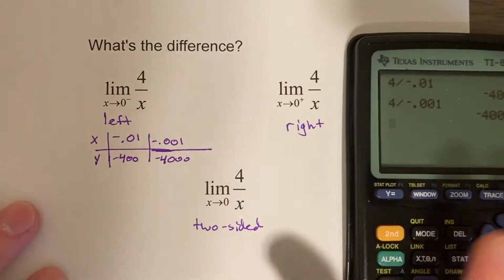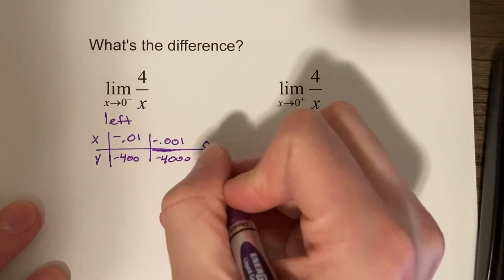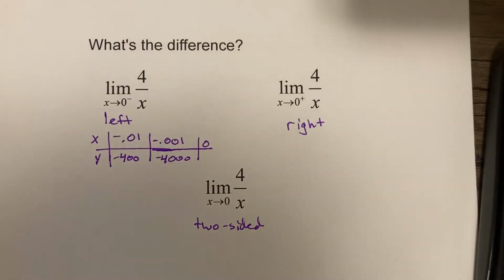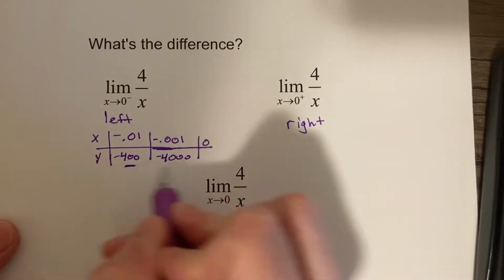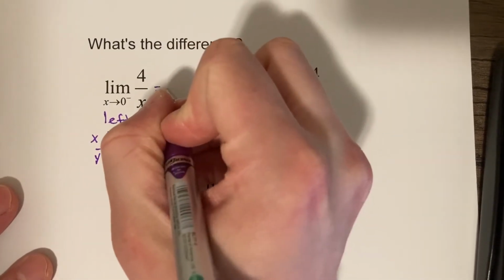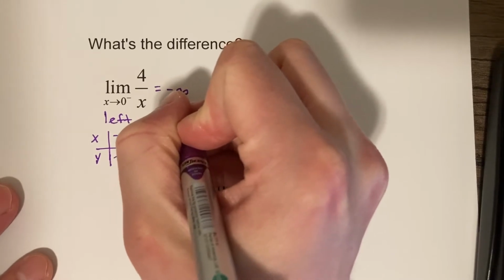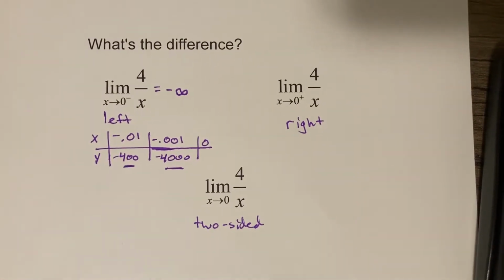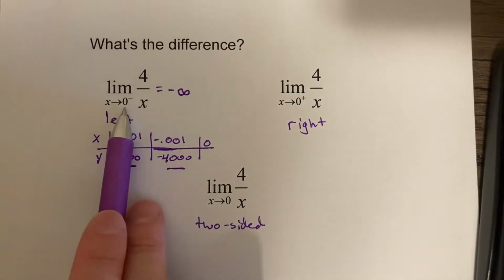As we keep getting closer and closer to zero, this number that we can't plug in, these numbers are just going to get further away from zero, headed towards negative infinity. So this is our first infinite limit that we've seen so far. This function is headed towards negative infinity as x approaches zero from the left.